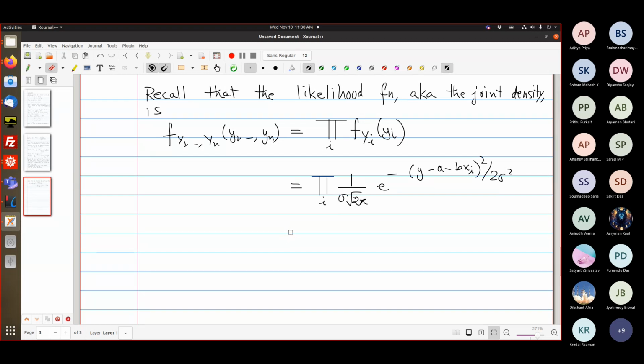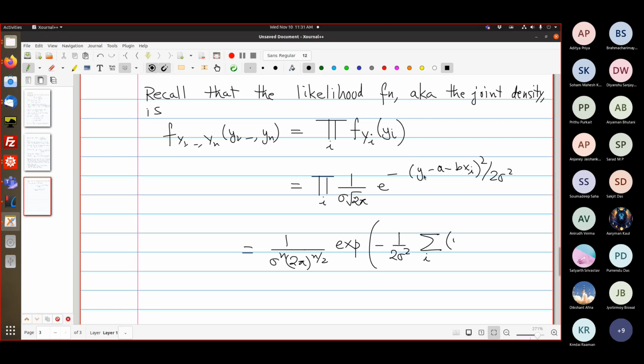And so combining these factors, I need some space, so let us write here. This is 1 over sigma to the n, 2 pi to the n by 2, times exp of minus 1 over 2 sigma squared, that's common, sum over i of (yi minus alpha minus beta xi) whole square.